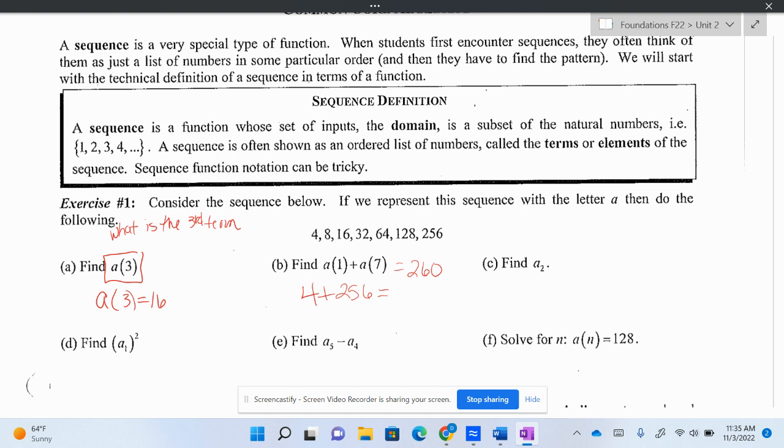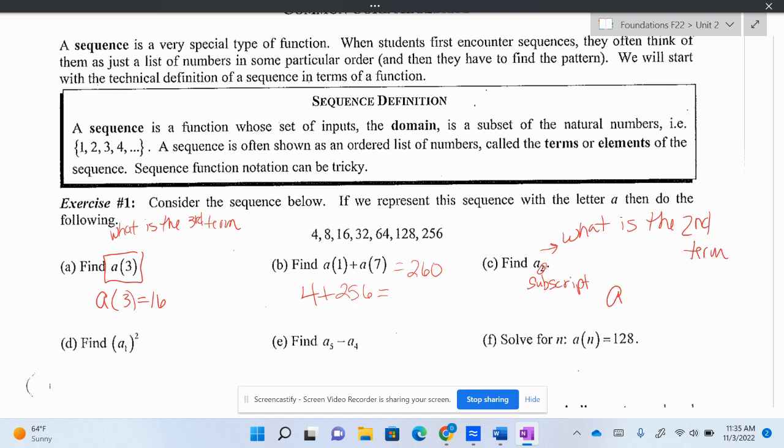Okay. So example C looks different than example A or B. This little guy right here is not an exponent. This is called a subscript. When you have what looks like an exponent but it's on the bottom side of the number, it's called the subscript, but it means the same thing. This is asking what is the second term.